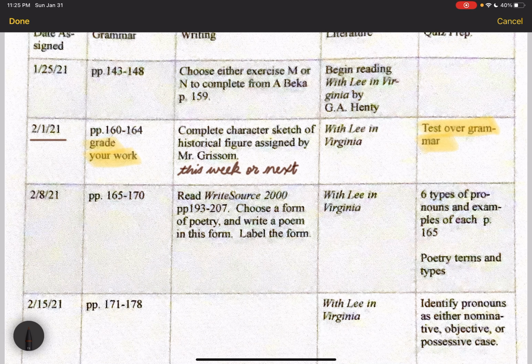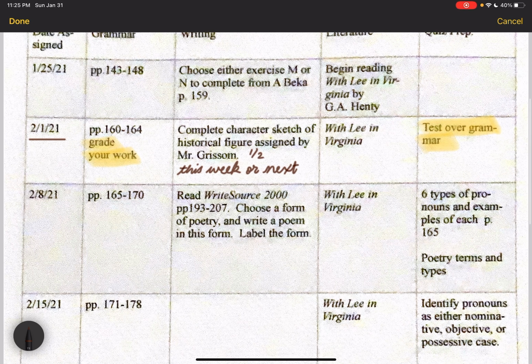Okay, and let's see, I'm making sure I got that right. Yeah, you can choose any character from those 2 weeks, and the assignment is to be 1/2 to 2/3 of a page.